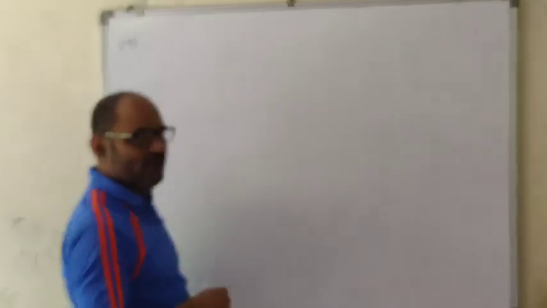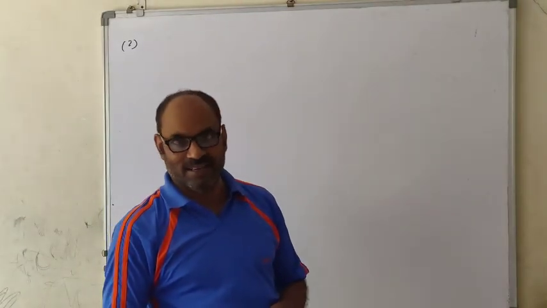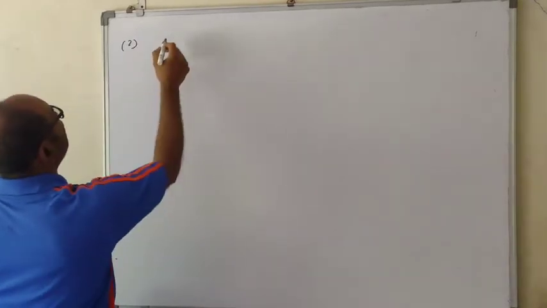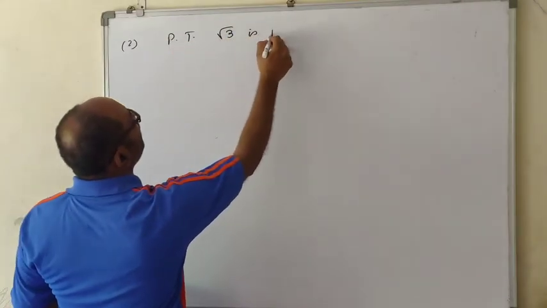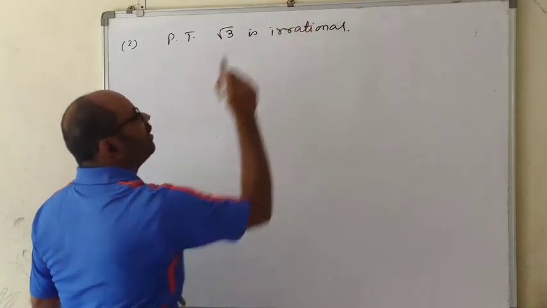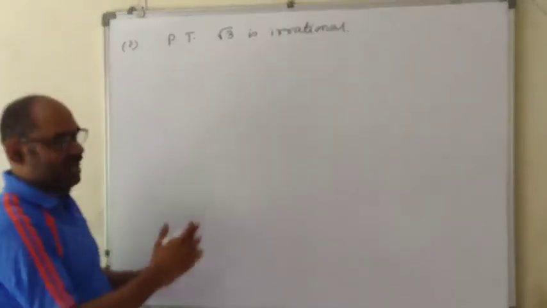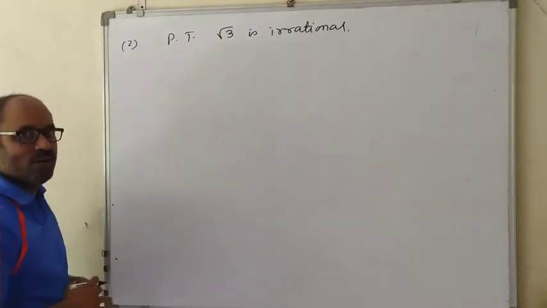That was theorem 1.4, but I believe it should not have been stated as a theorem. Anyway, number 2: prove that root 3 is irrational. We have to prove that. This time I'll write a little in order, because I've got the full board for writing that.